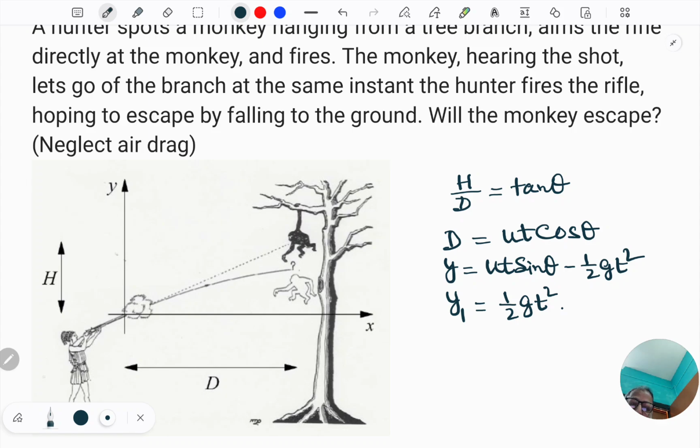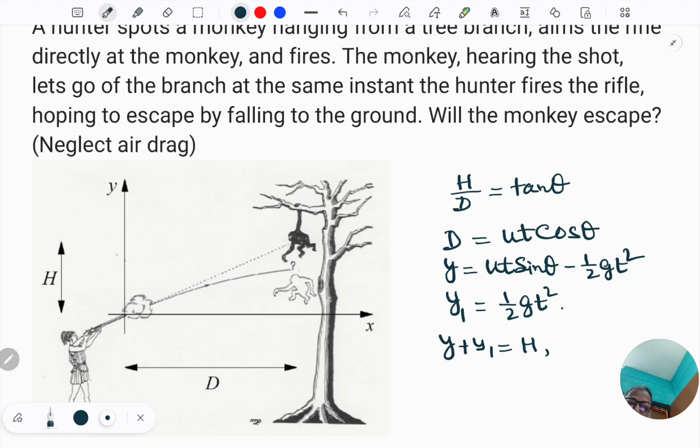If we can prove that y plus y1 is equal to h, then we can declare that the bullet strikes the monkey. And if y plus y1 is not equal to h, then the bullet misses the monkey.